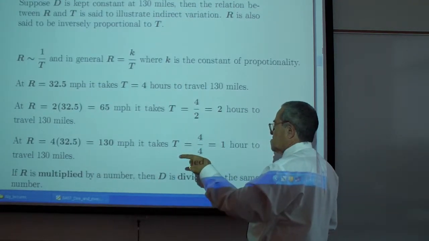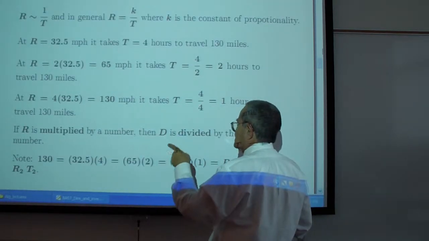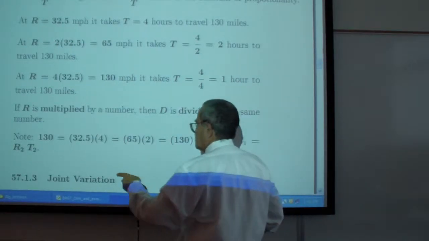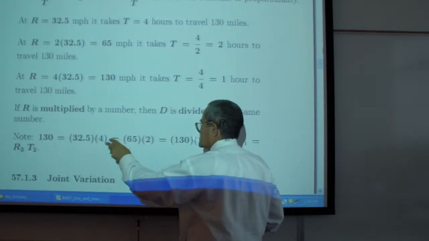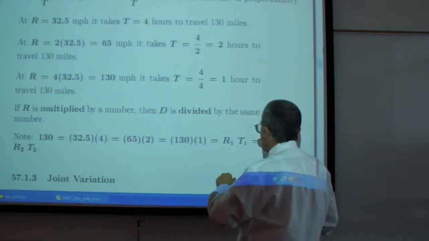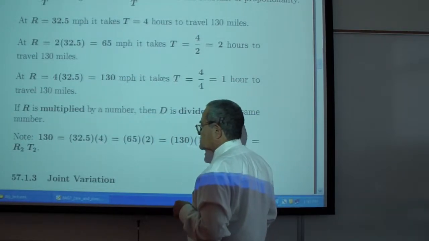If r is multiplied by 4, t is divided by 4. If r is multiplied by a number, then t is divided by the same number. Note that 130 is 32.5 times 4, 65 times 2, 130 times 1. Rate 1 times time 1 equals rate 2 times time 2.